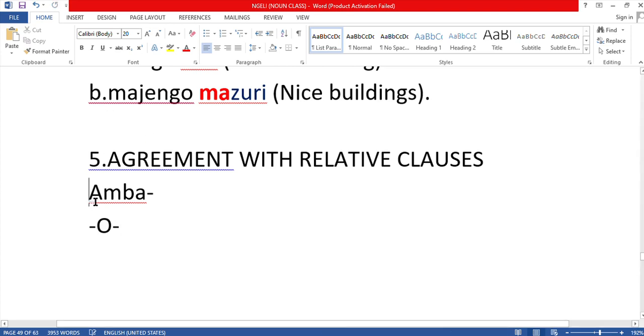The relative clauses are this one and then this one. They both basically mean the same, and the difference is how we use them. Let's use this first part, amba.